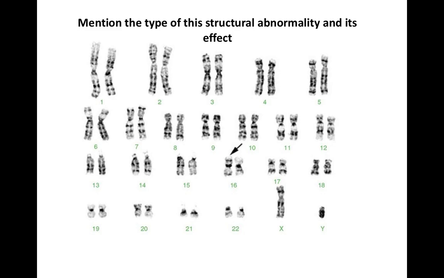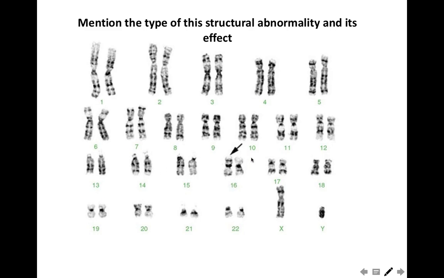Okay? Now, mention the type of this structural abnormality and its effect. So what can we see here? Again, we will compare each of the pairs of the chromosomes. So far, each two chromosomes are looking okay, similar.